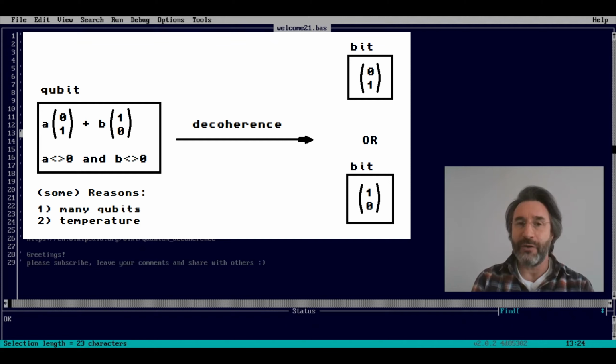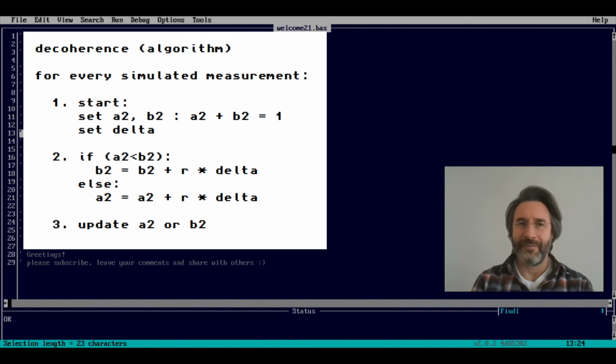So we are going to mimic decoherence, or the effects of decoherence, in our Commodore 64 program. I'm going now to explain how. I'm showing here a different figure to explain the algorithm that is going to be implemented in the BASIC program, which will run on the Commodore 64.